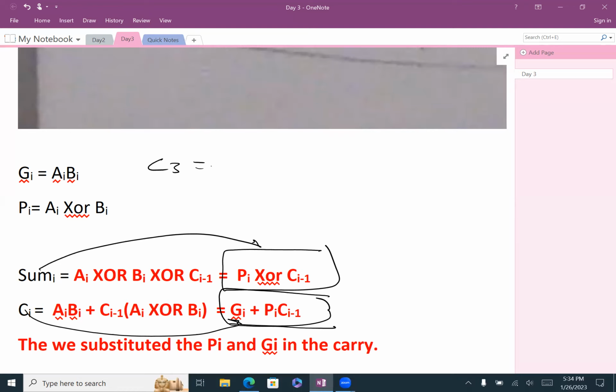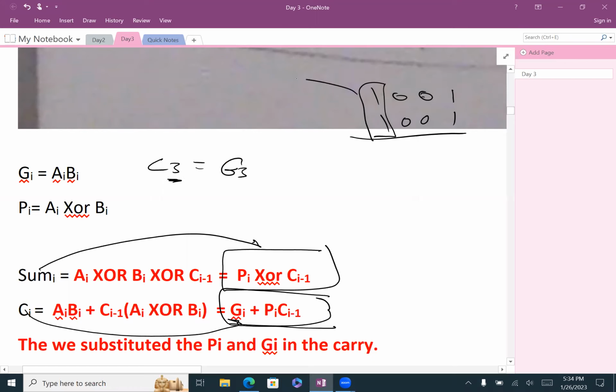Remember how many levels we have? What's the first condition? It's from P3, if you generate it here. Remember, I'm looking for carry 3, so the carry is coming out here, correct?